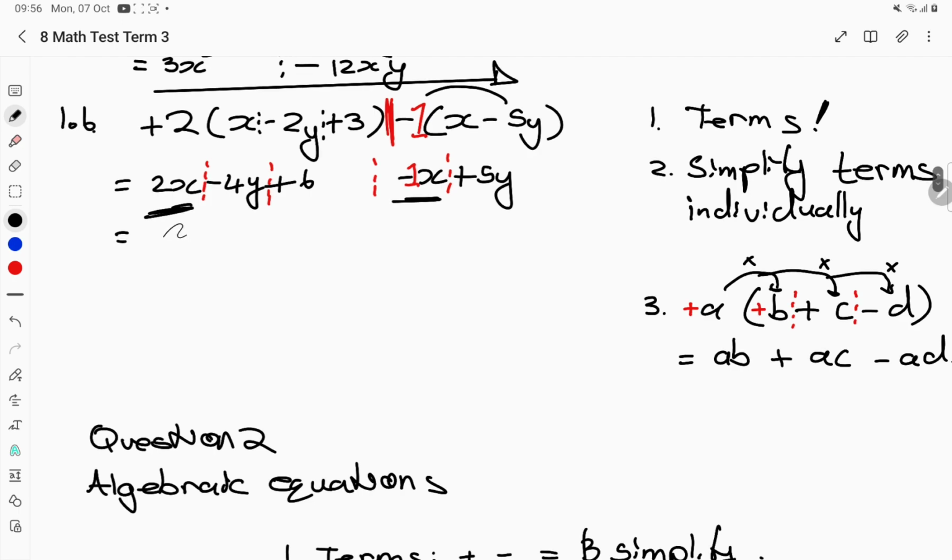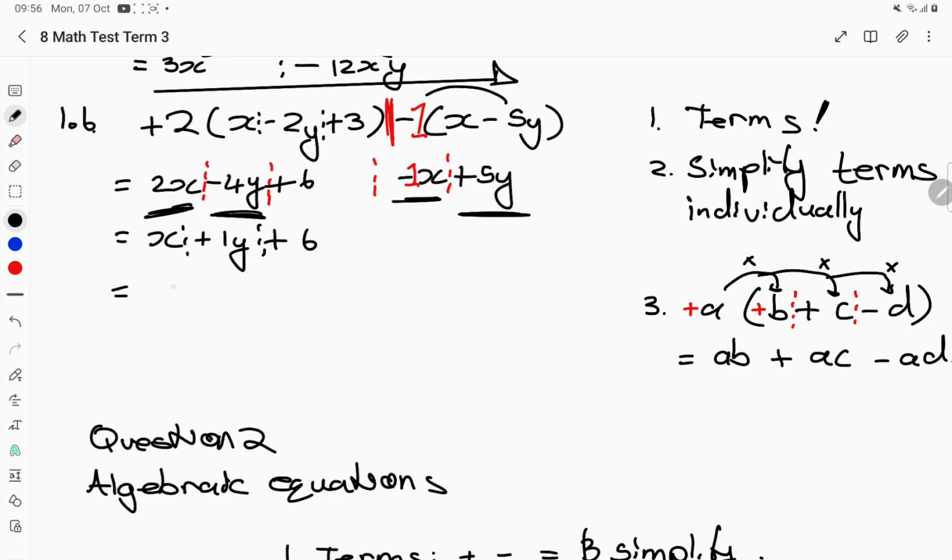Again, 2x minus 1x is just going to be an x. There's a negative 4y, and there's a positive 5y. So negative 4y plus 5y, they're like terms, so we just say negative 4 plus 5, and you should know that that's a positive 1y. And then there's just the plus 6 hanging out here. There's no other constant term. So it's just going to end like this. You have 3 terms again.